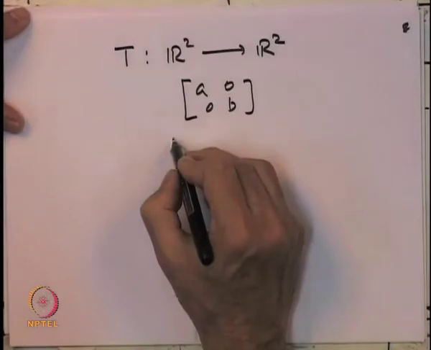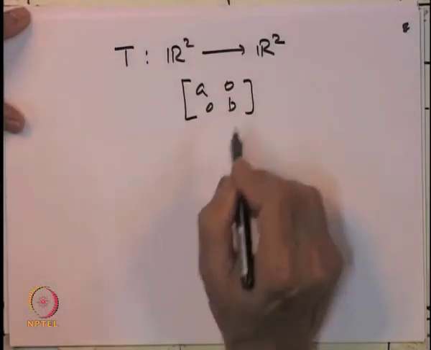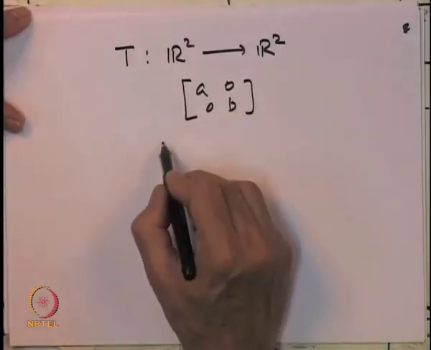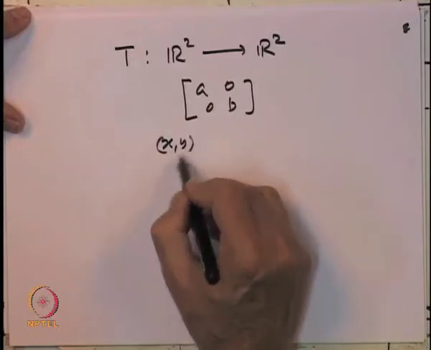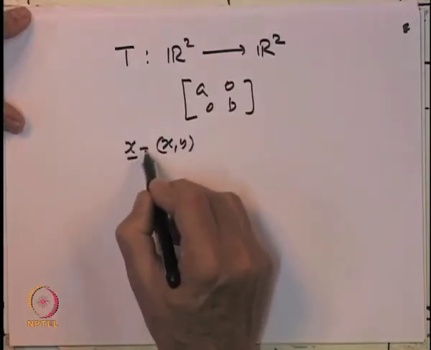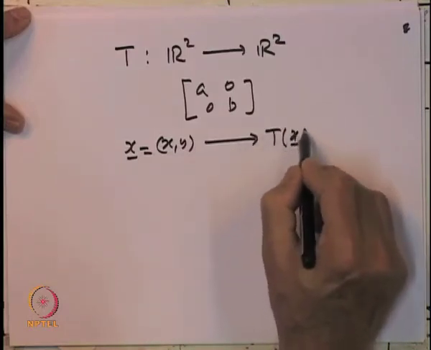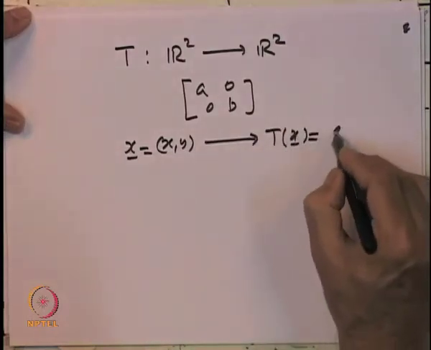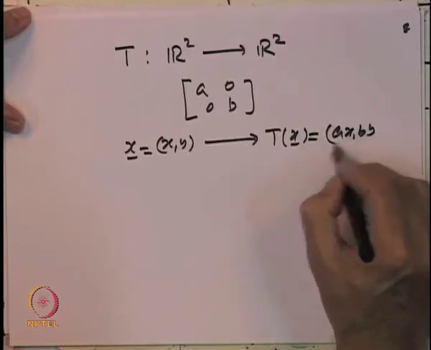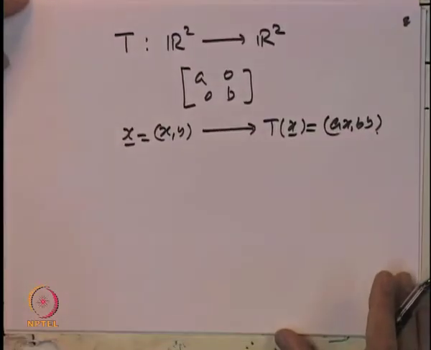That means any vector (x, y) goes to, so a vector x goes to T of x, which is nothing but (ax, by).